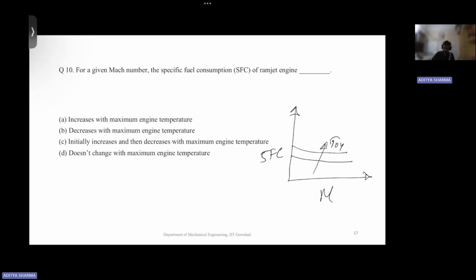This basically says that with increase in your maximum engine temperature, that is T04, your SFC increases for the same Mach number. This one will be higher than this one, when T04 in the first case is greater than T04 in the second case. So A option is the correct option in this case.